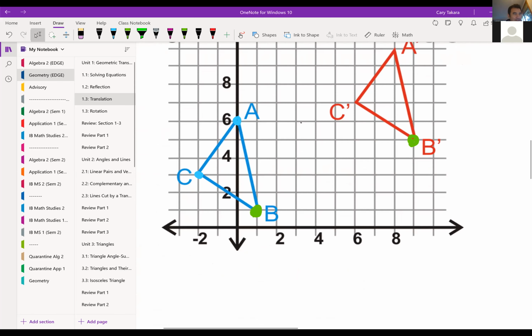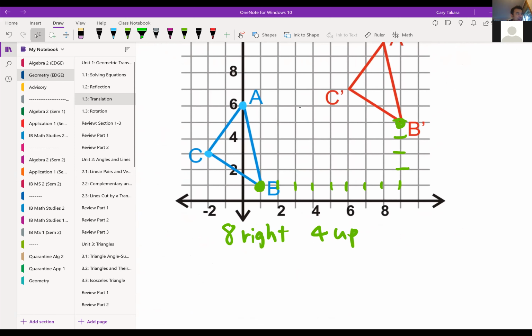Okay. And then all you have to do is count the spaces. From B to B, you go 1, 2, 3, 4, 5, 6, 7, 8 to the right. And then you go 1, 2, 3, 4 up.